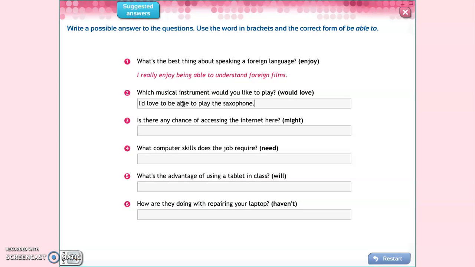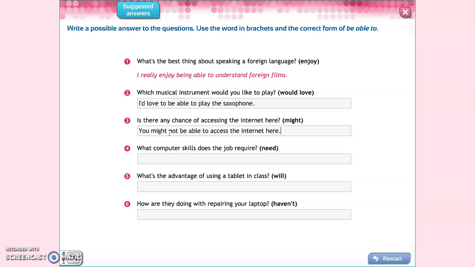There you go. Okay, next. Is there any place for us accessing the internet here? You might not be able to access the internet here.